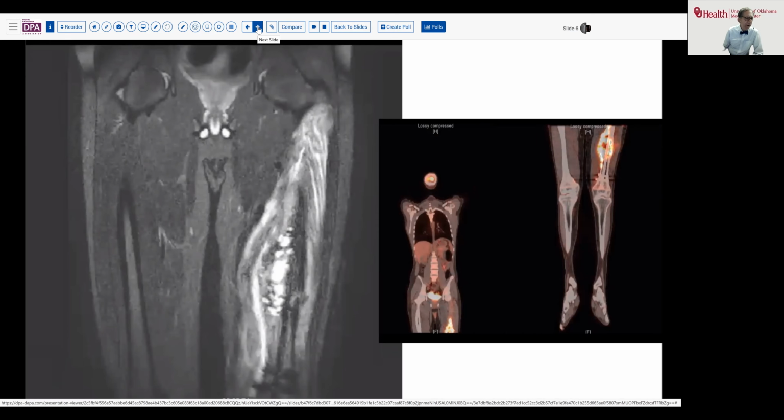So with that information in mind, he undergoes some chemotherapy, adjuvant chemotherapy, to see if we can quiet this down, shrink the tumor perhaps a little bit, make the surgery a little bit easier, and then go forward with that planned total resection of his femur.